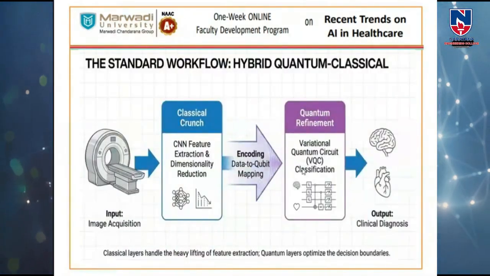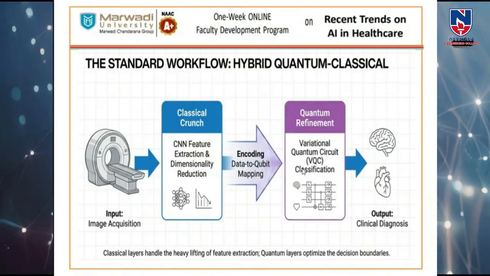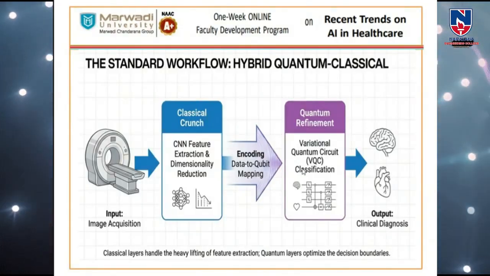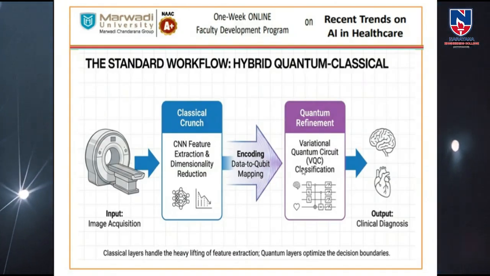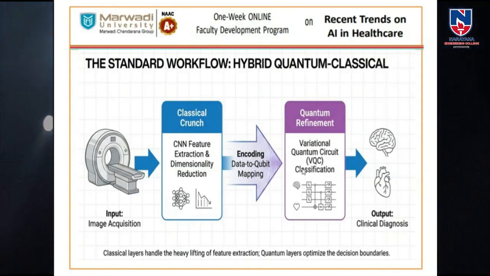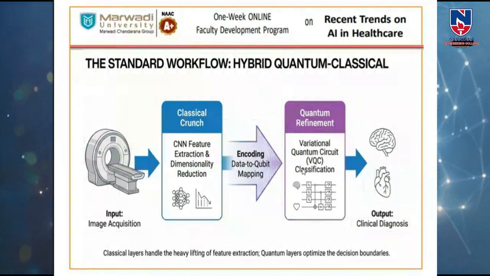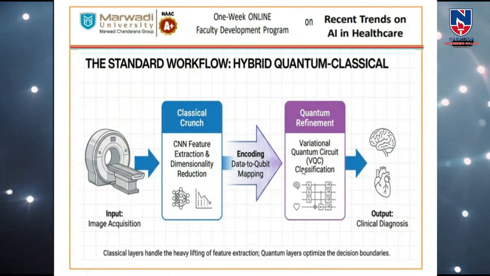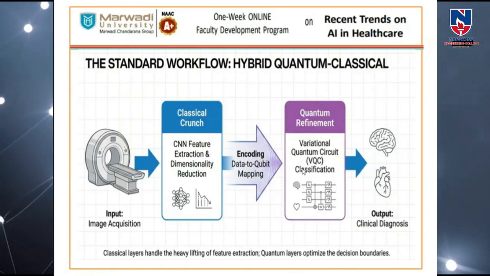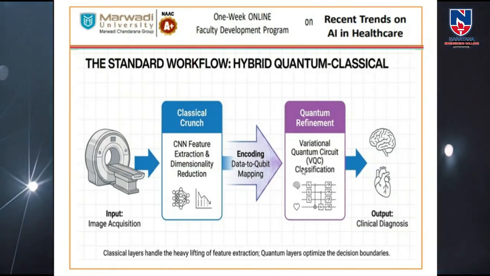As the previous slides have shown in the case of the hybrid model, this is the standard workflow. For better understanding, I frame it like this. Here you see the complete overview of the workflow of the hybrid quantum and classical model.